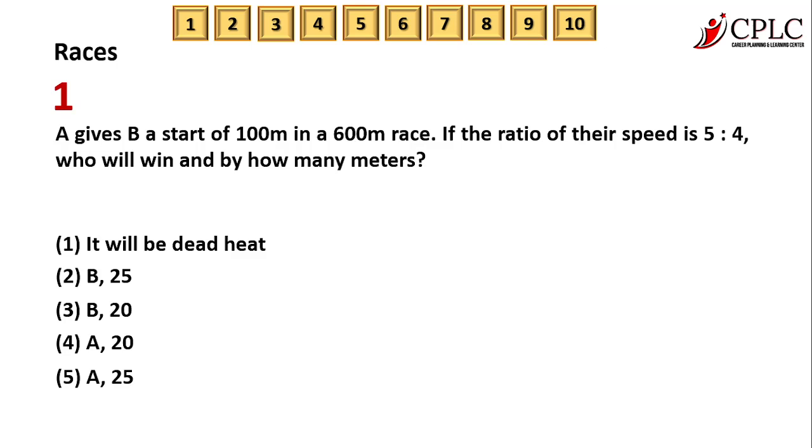So the first question says: A gives B a start of 100 meters in a 600-meter race. If the ratio of their speeds is 5 is to 4, who will win and by how many meters?